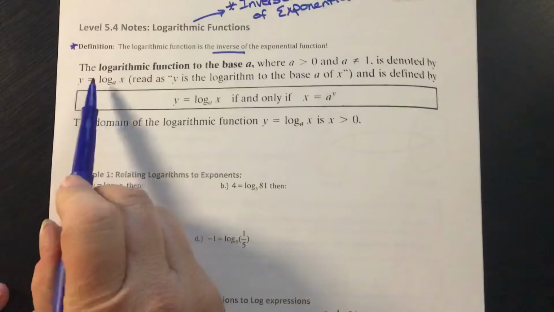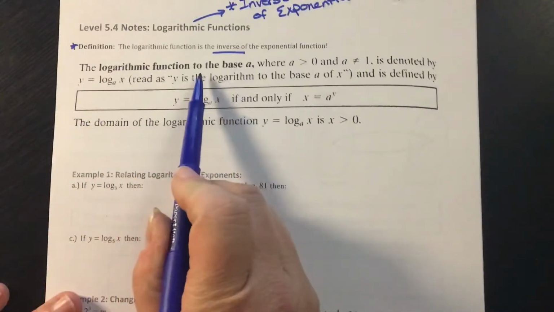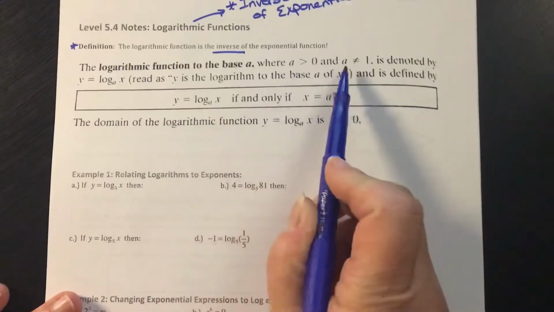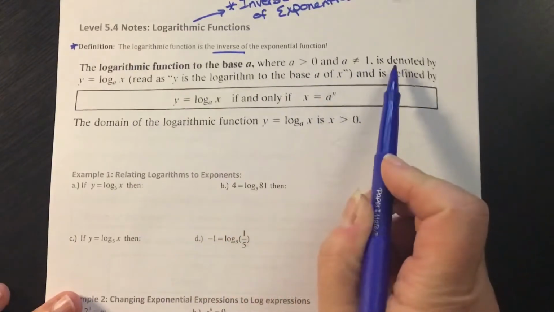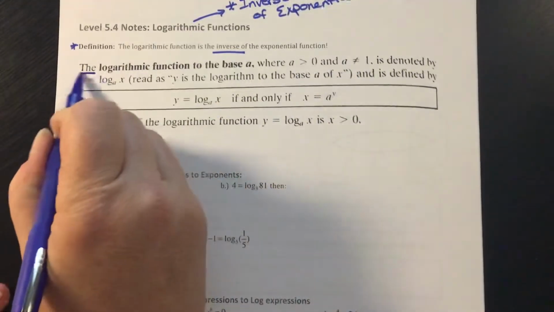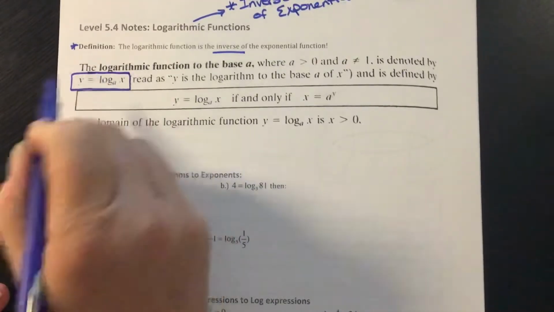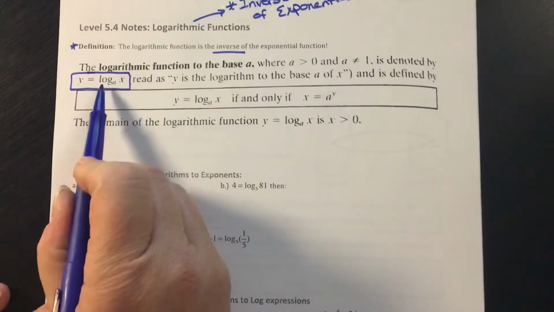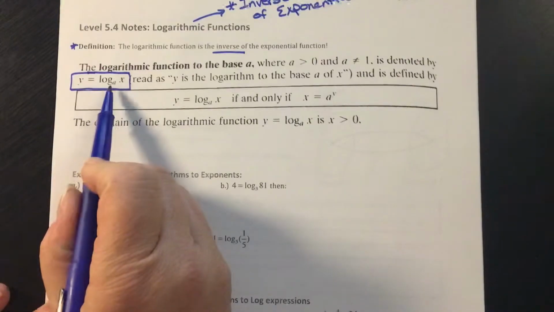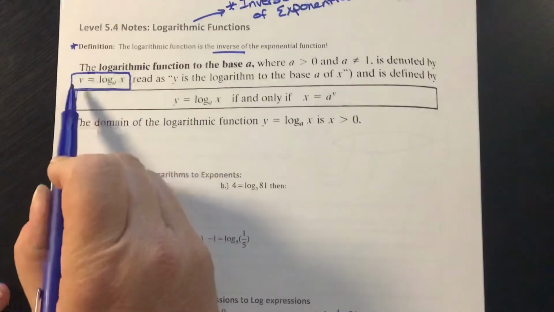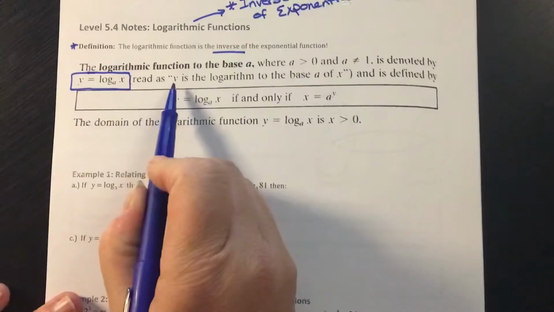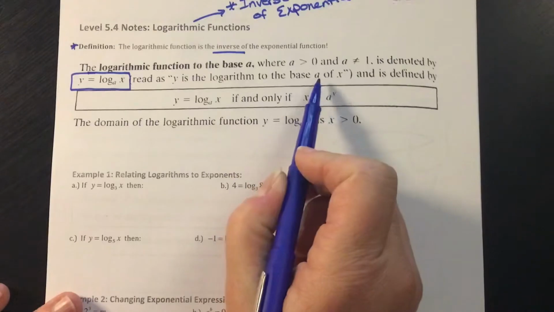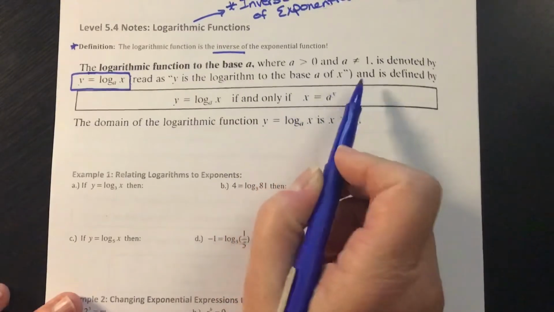And it says here that the logarithmic function to base a, where a is greater than 0 and a does not equal 1, is denoted by this notation. I read this as log base a of x is y, or y is the logarithm to the base a of x.